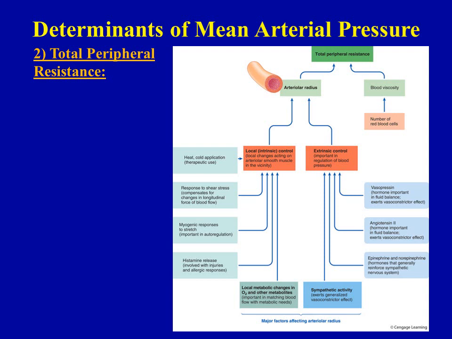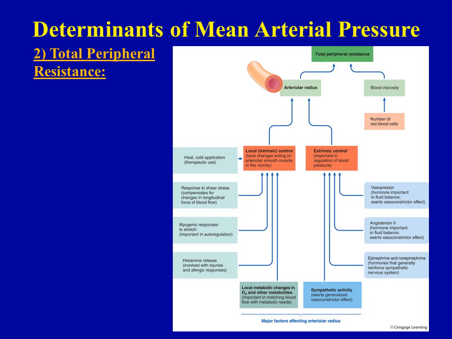Also, we have other extrinsic controllers, and these are mainly hormones: the hormone vasopressin from the posterior pituitary gland, the peptide angiotensin II, which causes vasoconstriction, and the hormones epinephrine and norepinephrine from the adrenal medulla, and norepinephrine also from the sympathetic postganglionic fiber terminals.